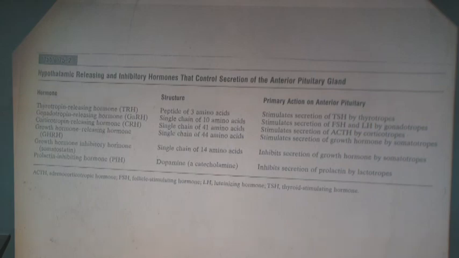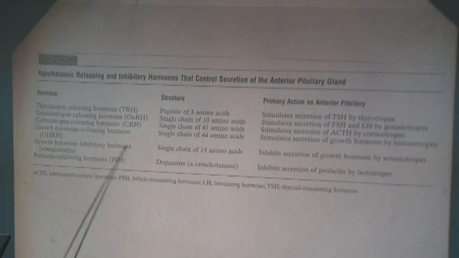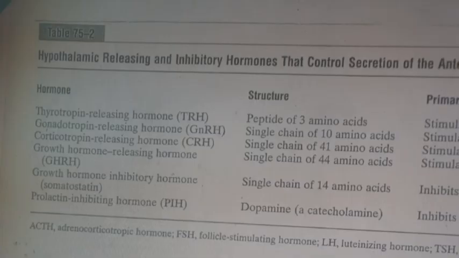Growth hormone releasing hormone stimulates growth hormone secretion, while growth hormone inhibitory hormone, which is called somatostatin, inhibits the secretion of growth hormone. And prolactin inhibiting hormone, dopamine, inhibits the secretion of prolactin.